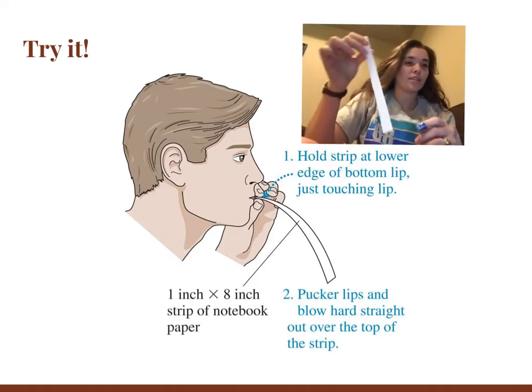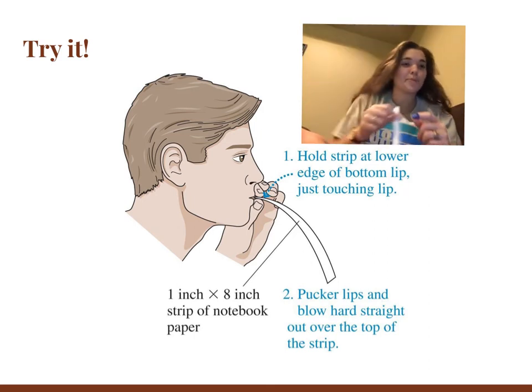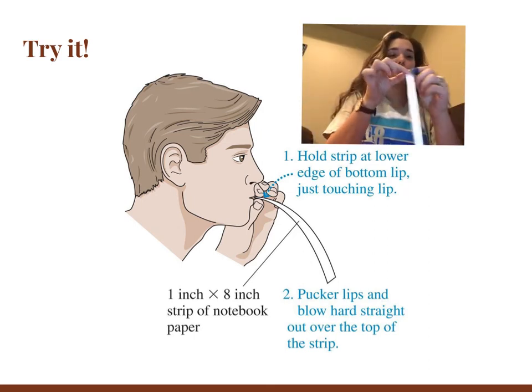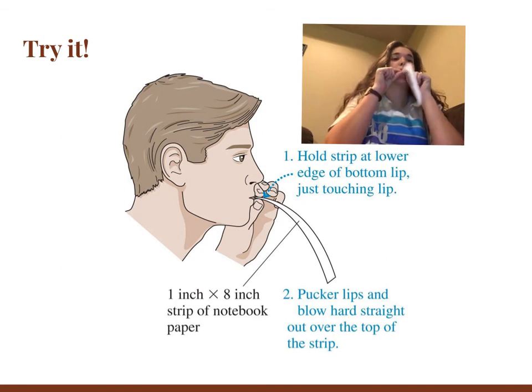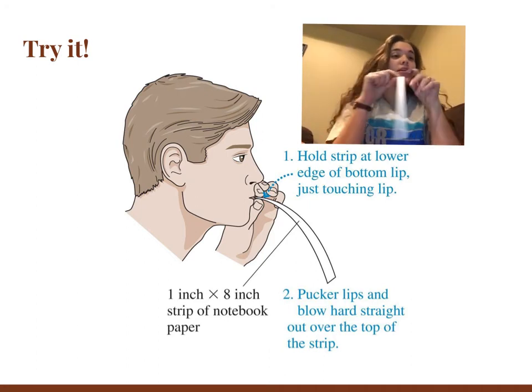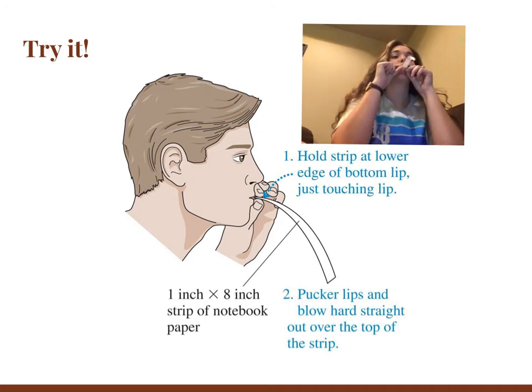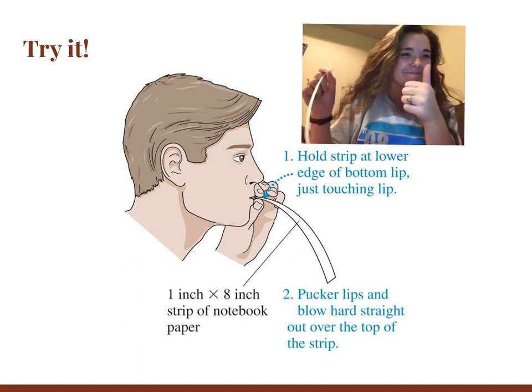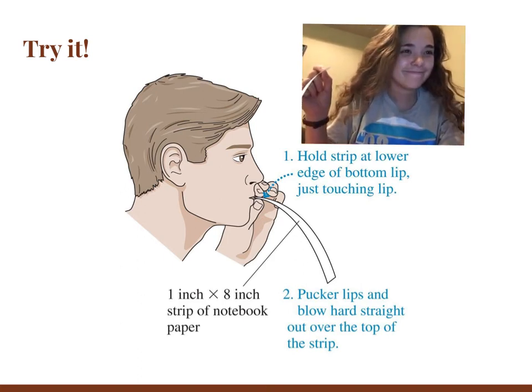Here we see Miss Whiteley in her native environment with her strip of paper. So you put the edge of the paper on your bottom lip and you blow hard. And you can get the paper to just stick straight out. And this is the Bernoulli principle at work.